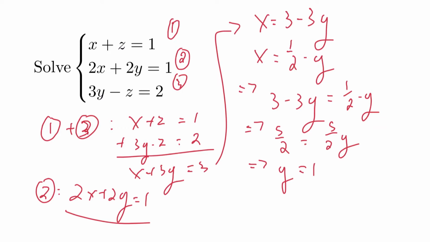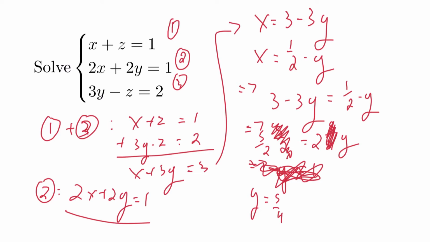Oops, made a mistake somewhere. Ah, that's the mistake. This is 2, not 3/2. And then here I get 5/2. Right, so then I have y is equal to 5/4. Sorry about that.